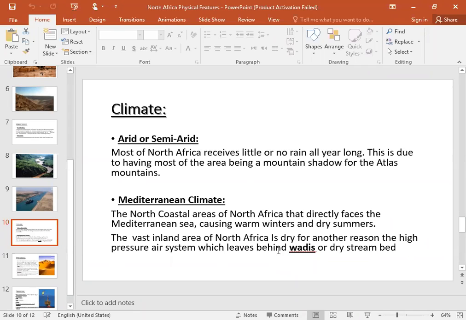We have a lot of land, a vast inland area in North Africa. This land is dry. Why is it dry? It is dry because of the high pressure air system. The high pressure air system leaves the land behind dry, with little water, which is called wadi.